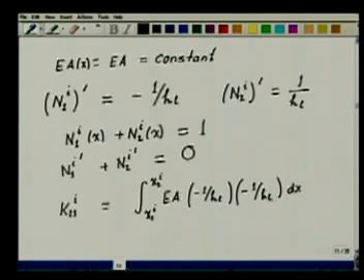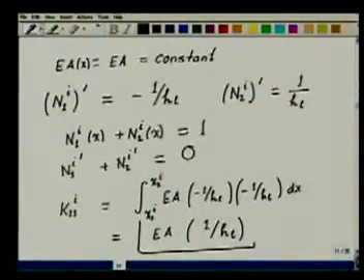And the integrand is a constant. So when we integrate, this will be EA into 1 by hi squared into x2i minus x1i. But what is x2i minus x1i? It is equal to hi. So this will be equal to EA into 1 by hi. So the k11i came out to be EA by hi.